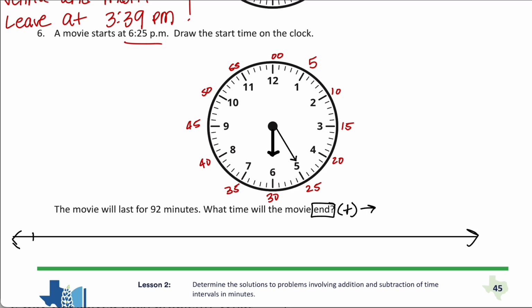So I'm going to do 6:25, and I'm still going to go by increments of 10. Or if you want to break up your increments, you can totally do that. Okay, so let's do increments of 10.